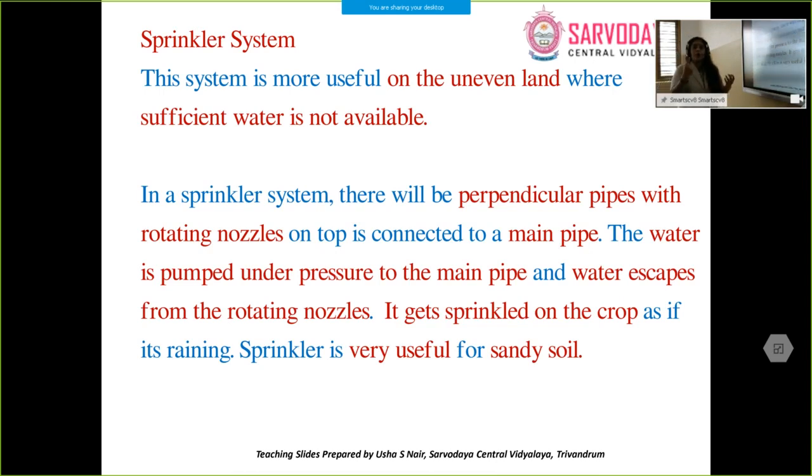Naturally, wherever it is placed, the whole area will get the correct amount of water. This sprinkler system is mainly useful for sandy soil. It is also useful for uneven land, and where sufficient water is not available.